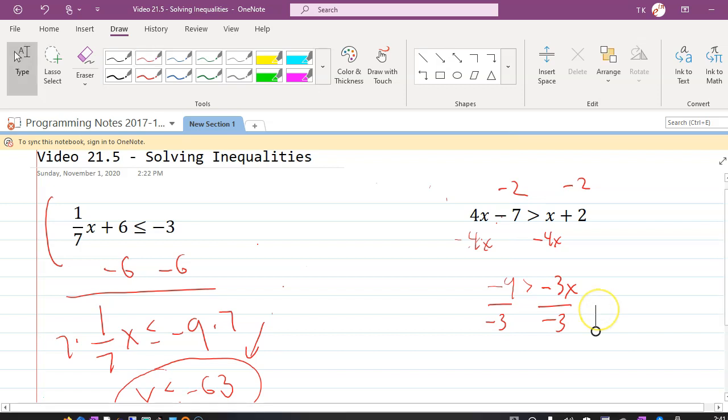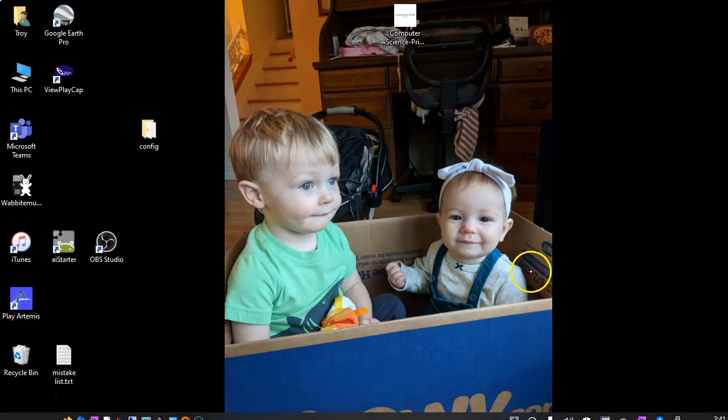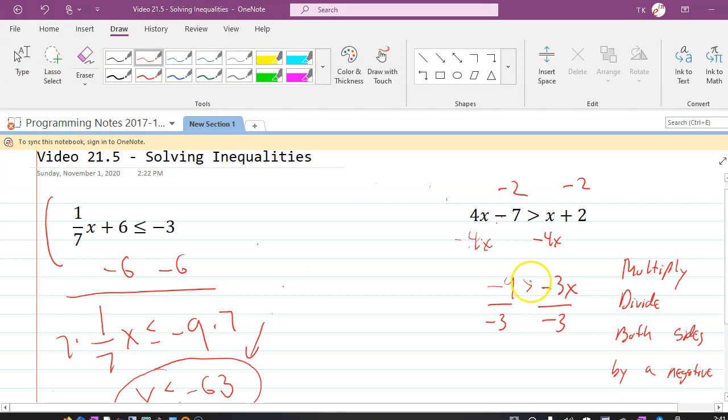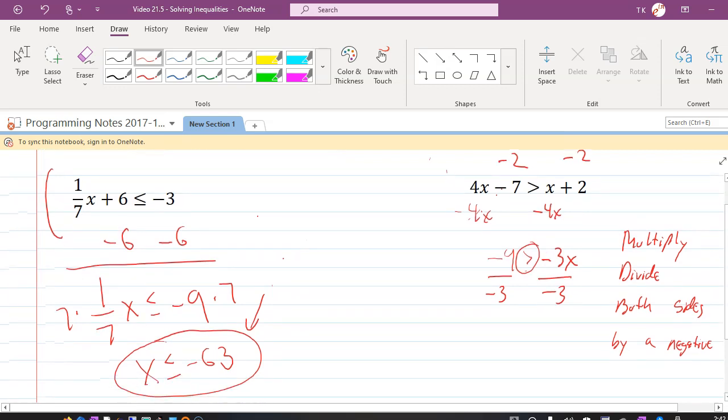If you multiply or divide both sides by a negative, you flip the direction of the inequality. So instead of greater than, this is going to be less than.